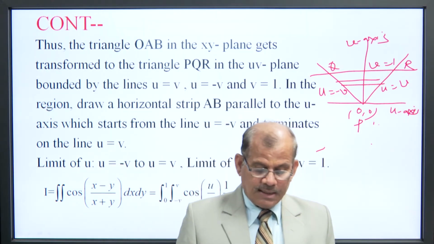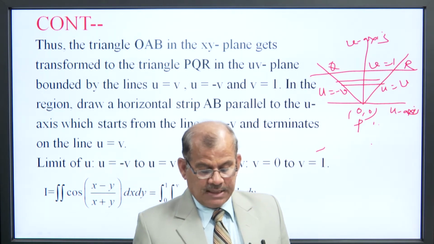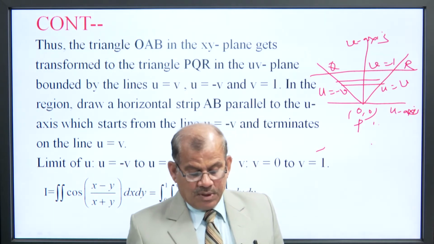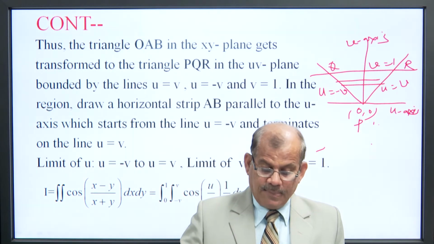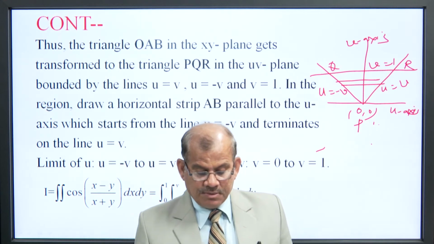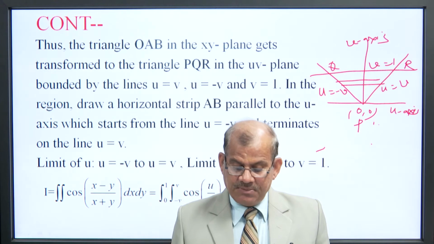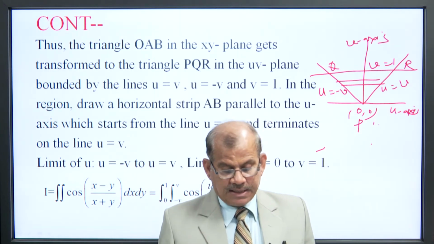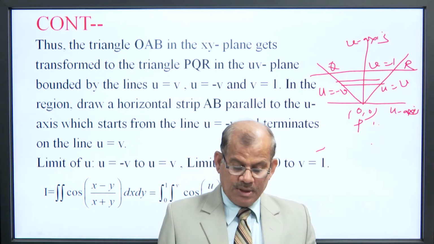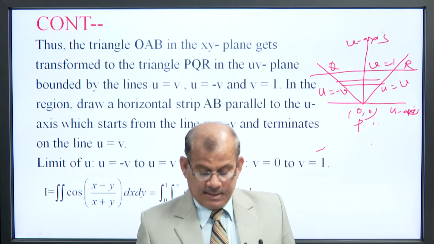The given integral I is equal to the double integral of cos((x minus y)/(x plus y)) dx dy. Since u is equal to (x minus y)/2 and v is equal to (x plus y)/2, the 2 cancels out, and the Jacobian J is 1/2.